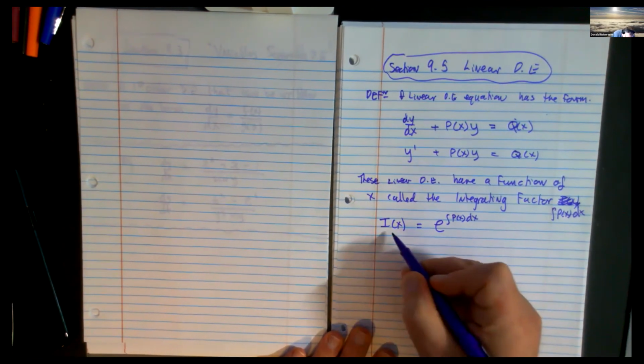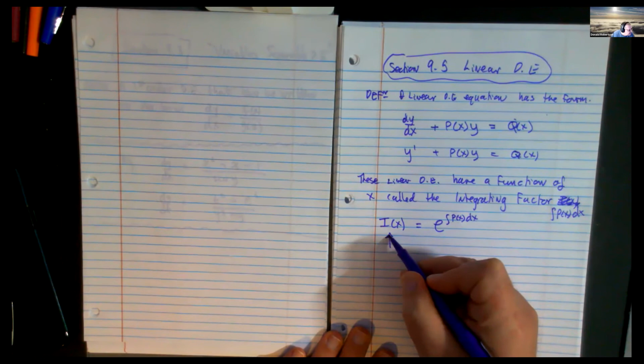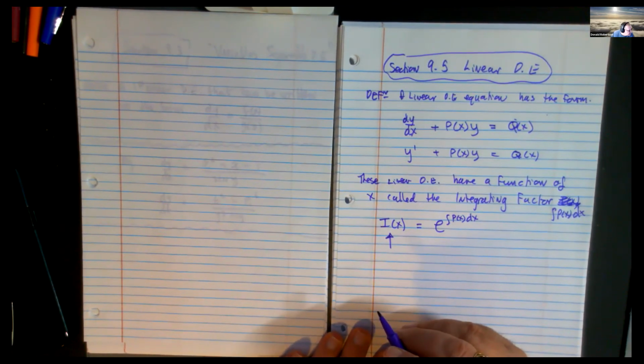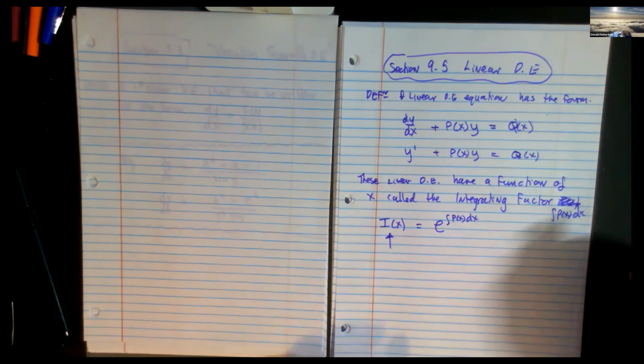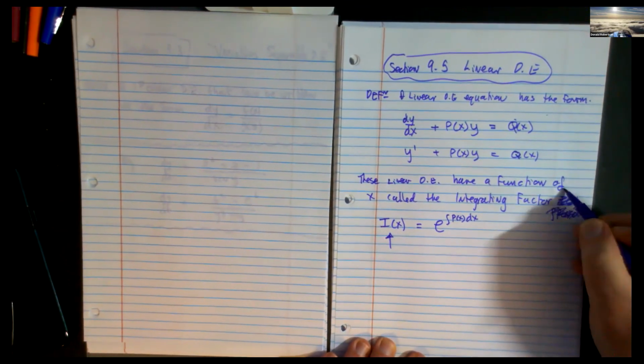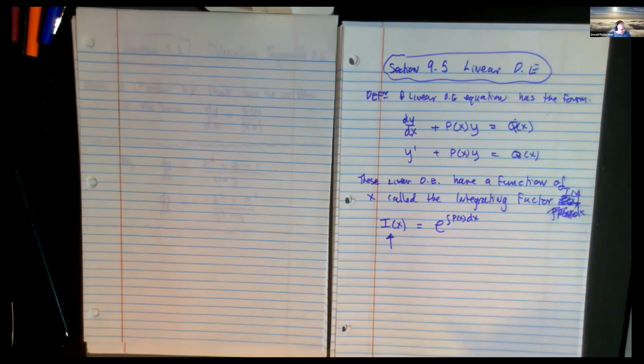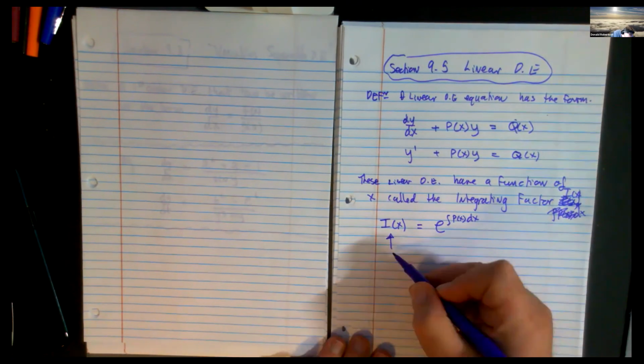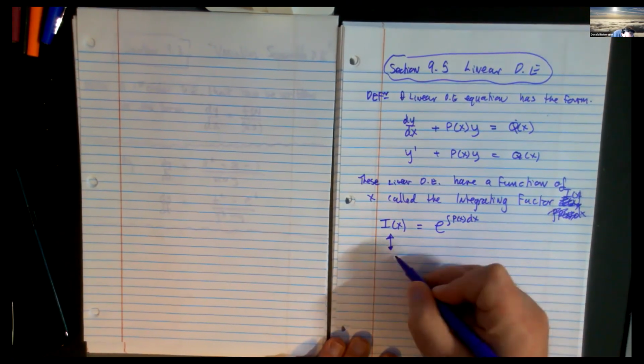And this fella is, darn it, I was right the first time. I knew I should have paused. It is called the integrating factor, and this fella is going to get us the solution eventually.